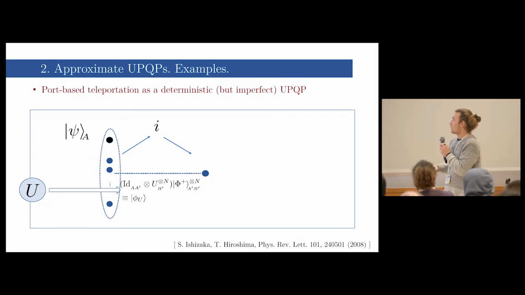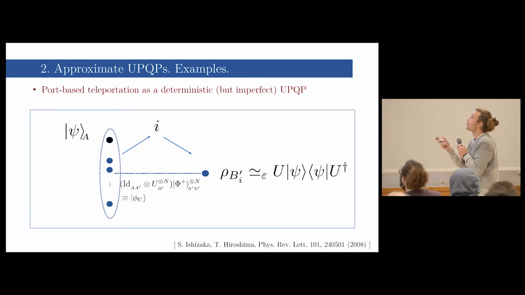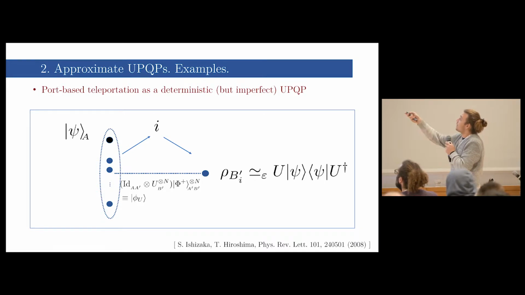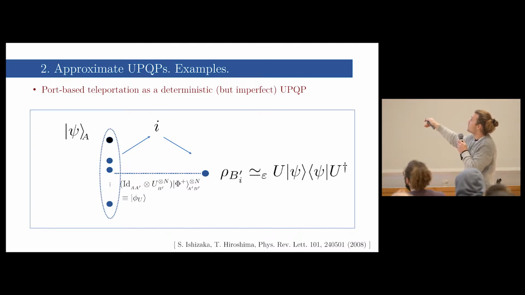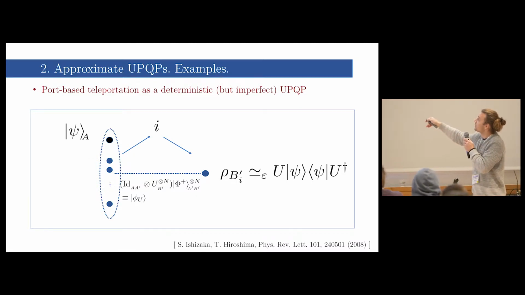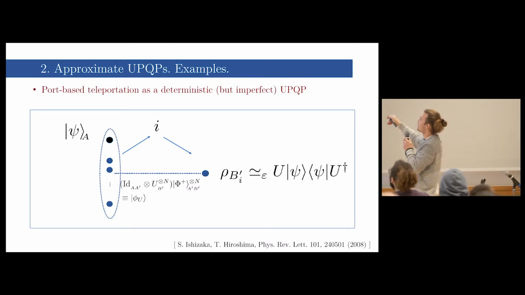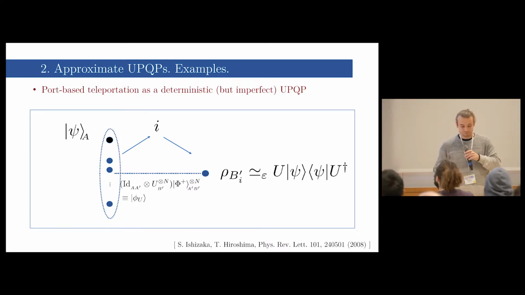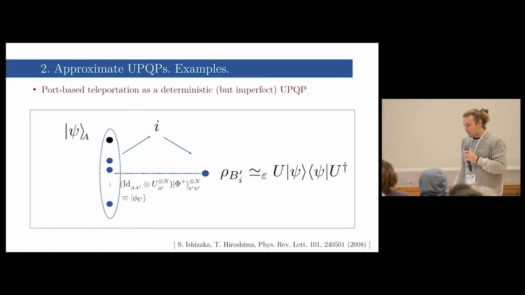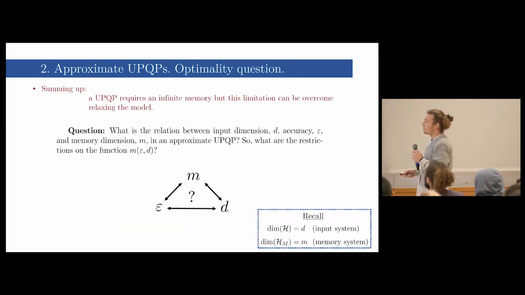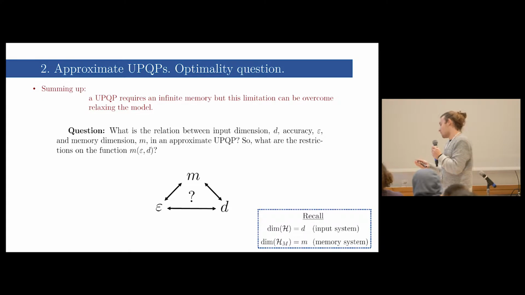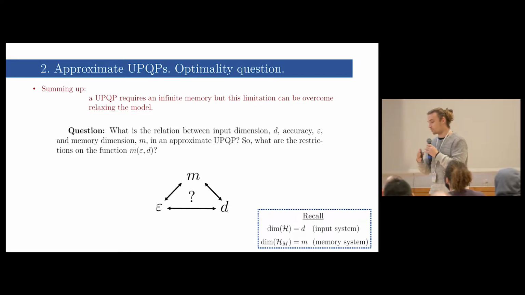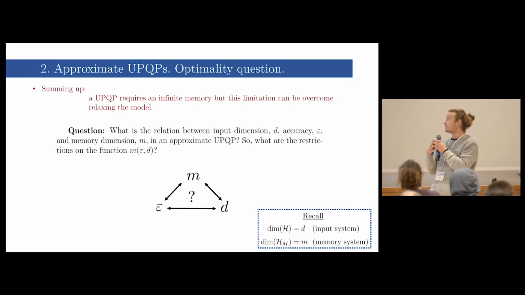So now we again perform the protocol, and at the end of the protocol, we obtain an approximation to the input state with this unitary applied to it. So this is what we wanted. Indeed, approximate UPQPs exist. We know that the strict model is not implementable, but the approximate one is.